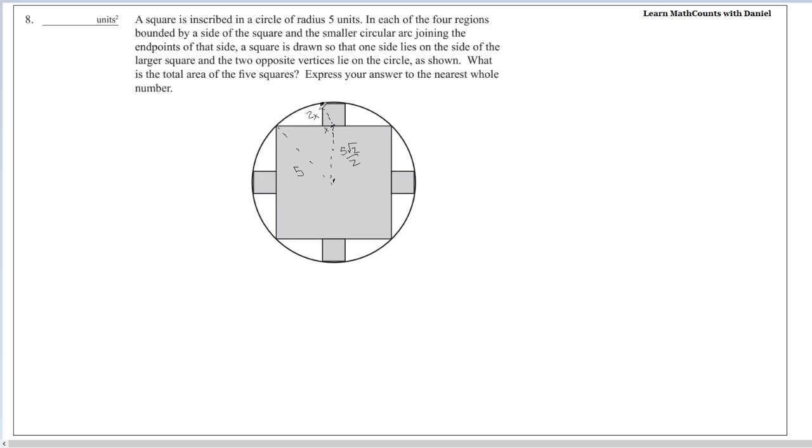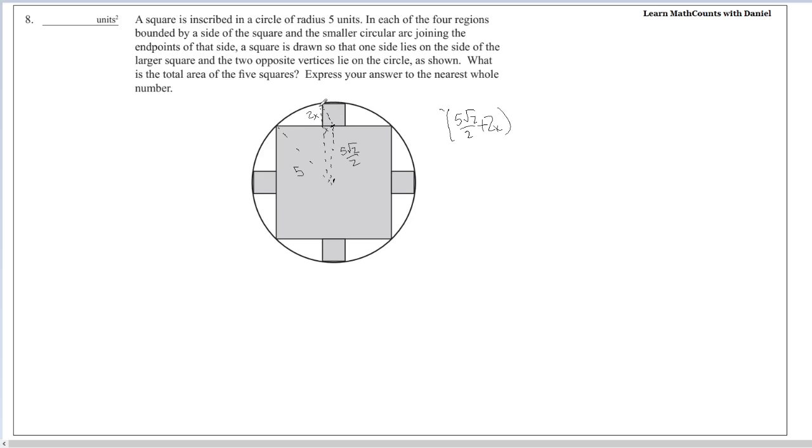Now we can draw a line from this point to the center, making a radius. If you'll notice, we've traveled a vertical distance up of 5 root 2 over 2 plus 2x, and we travel horizontal distance x, which means that we can make a right triangle with those leg lengths.